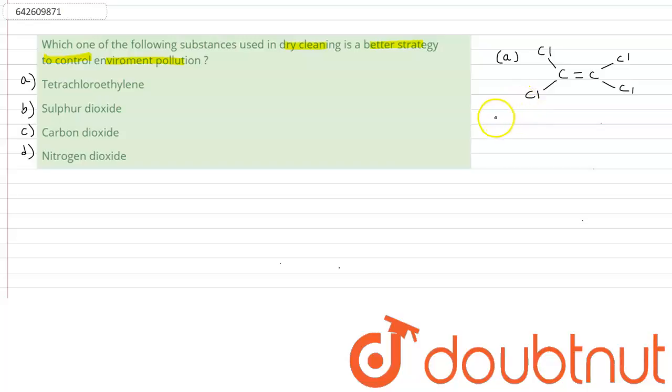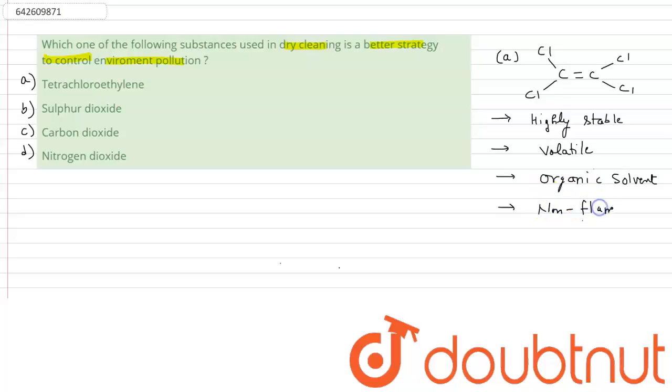It is also an excellent organic solvent, which is used in organic reactions, and it is non-flammable. So these are the properties of this compound.